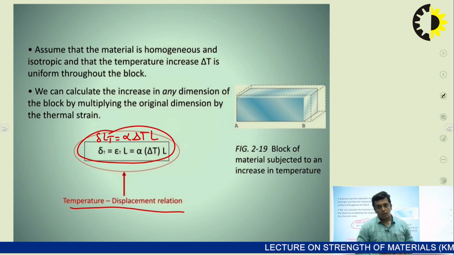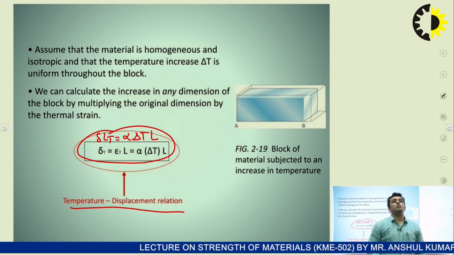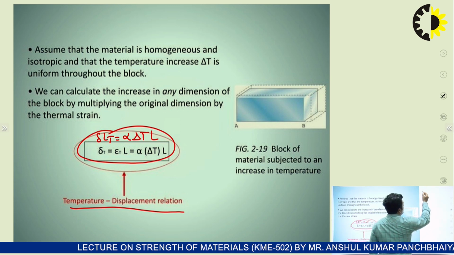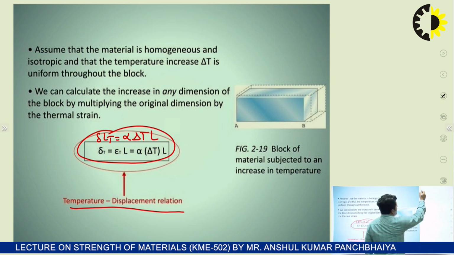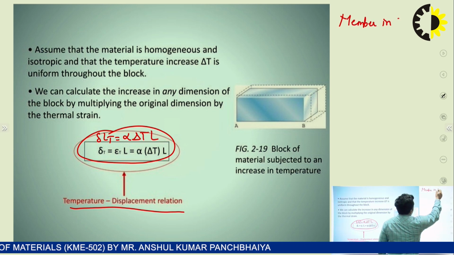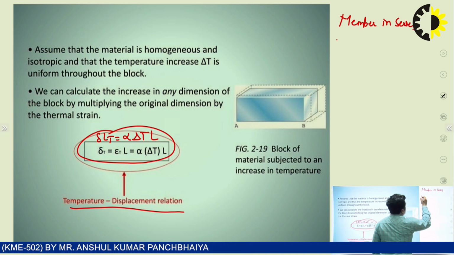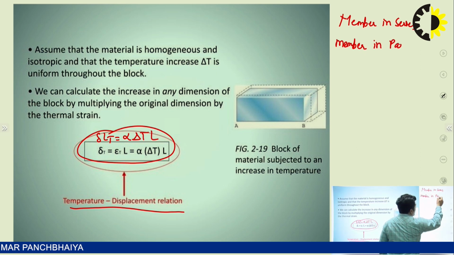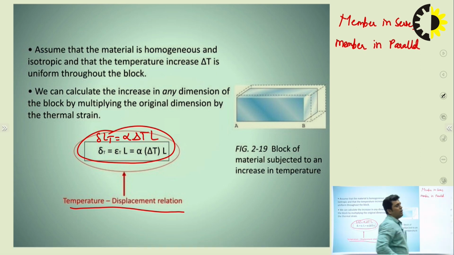Now, what to discuss further: whenever a problem comes in thermal stress, it mainly deals with two cases, member in series and member in parallel. So from this concept, to just have a feel of it, let us consider a figure drawn below.